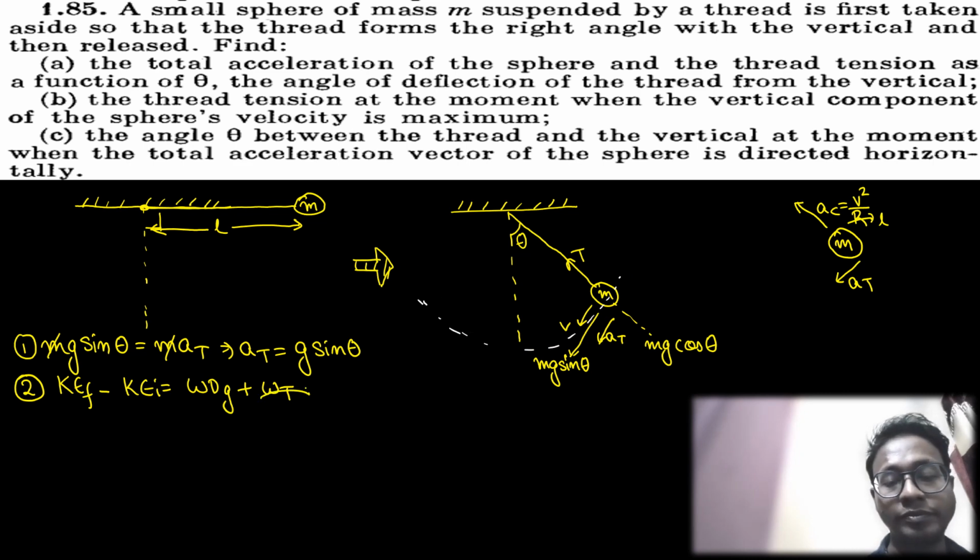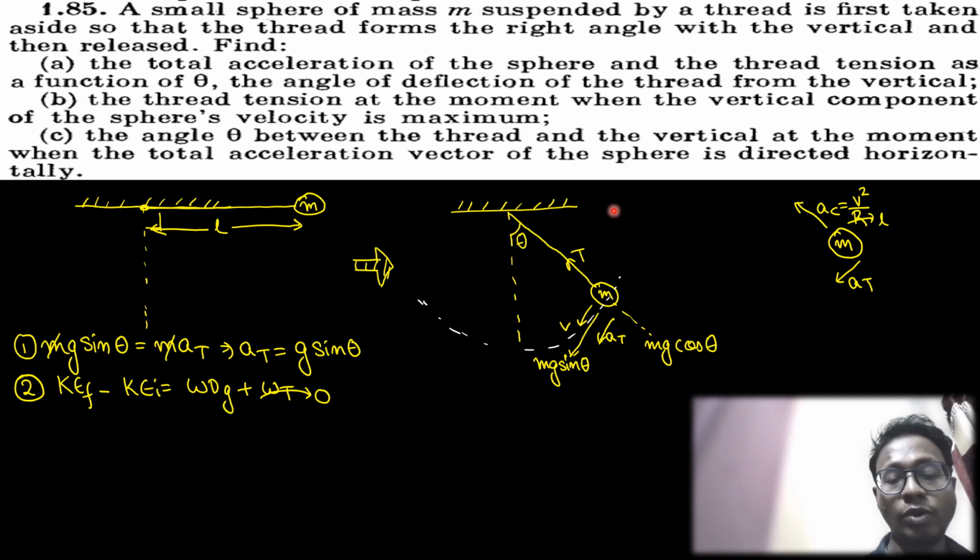Why? Because in a pendulum, tension is always perpendicular to the motion. So cos 90 times T dot dx is nothing but 0. So work done by tension force will always be 0 in pendulum motion.